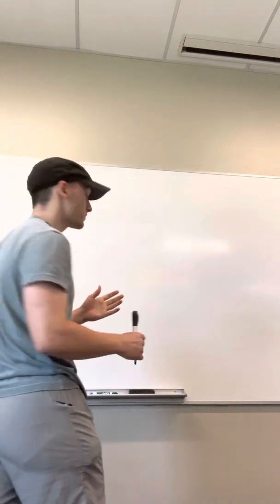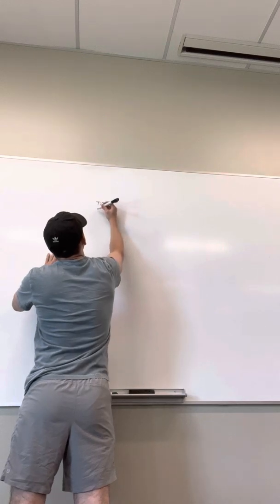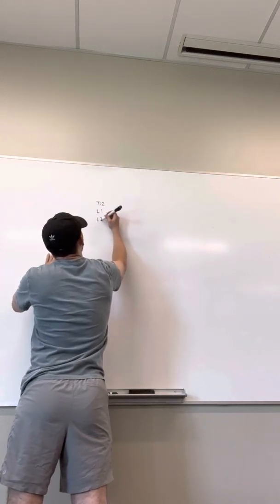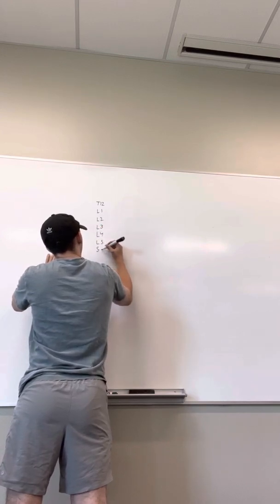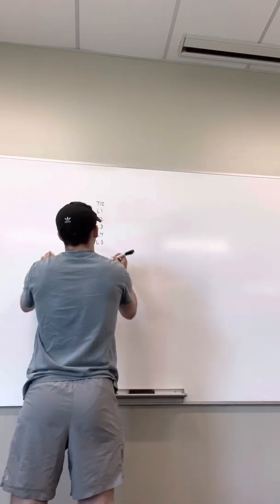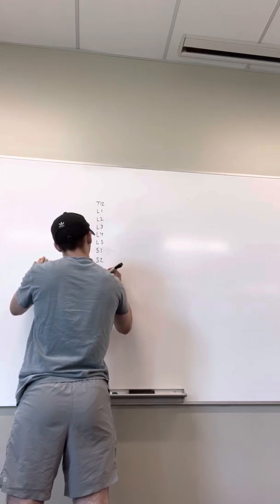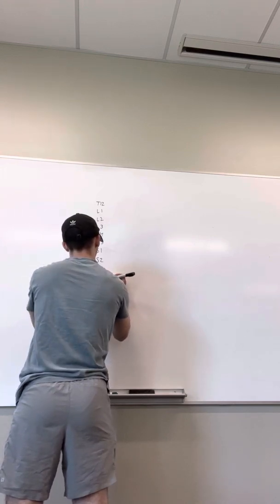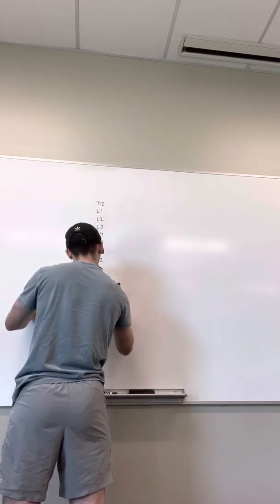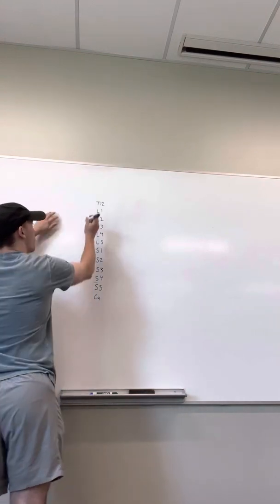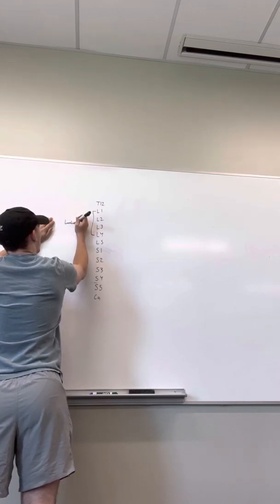I'm going to start with the spinal nerves. Go from T12 to CO1. From L1 to L4, this makes up the lumbar plexus.